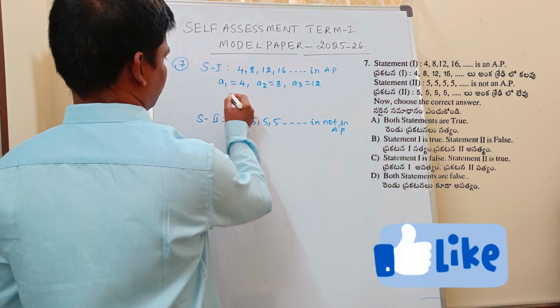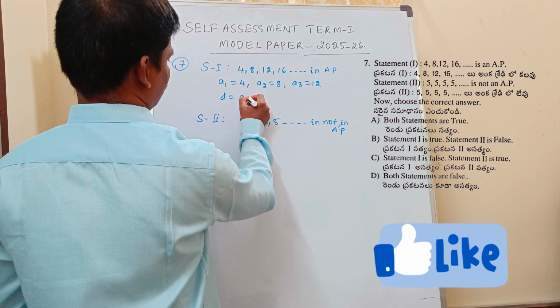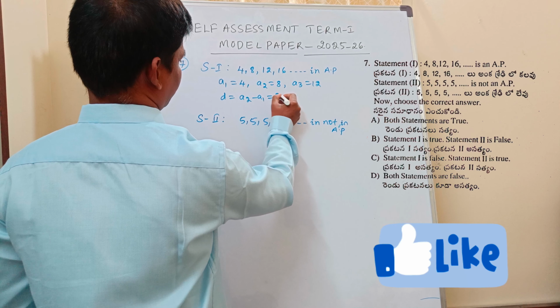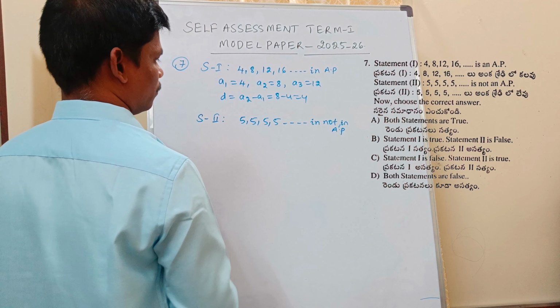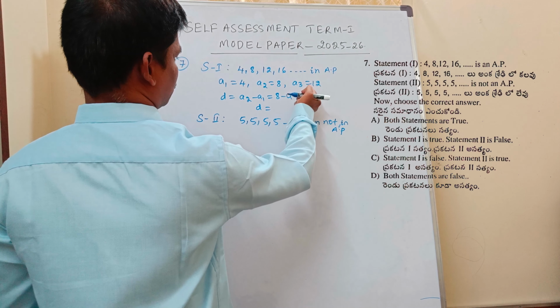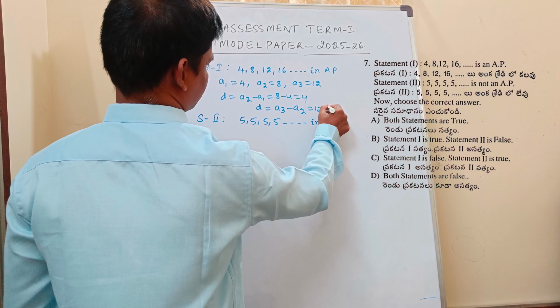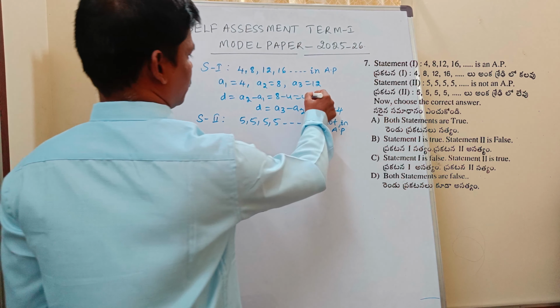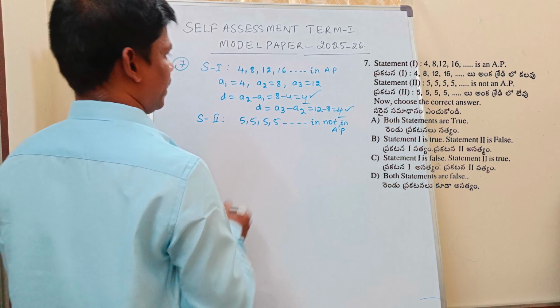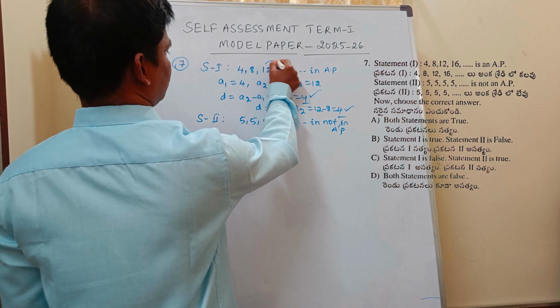So the common difference d is equal to a2 minus a1, which is 8 minus 4, equal to 4. Likewise a3 minus a2 is 12 minus 8, equal to 4. So the common differences are the same. Similarly 16 minus 12 is 4. So this series is in AP, and statement A is true.